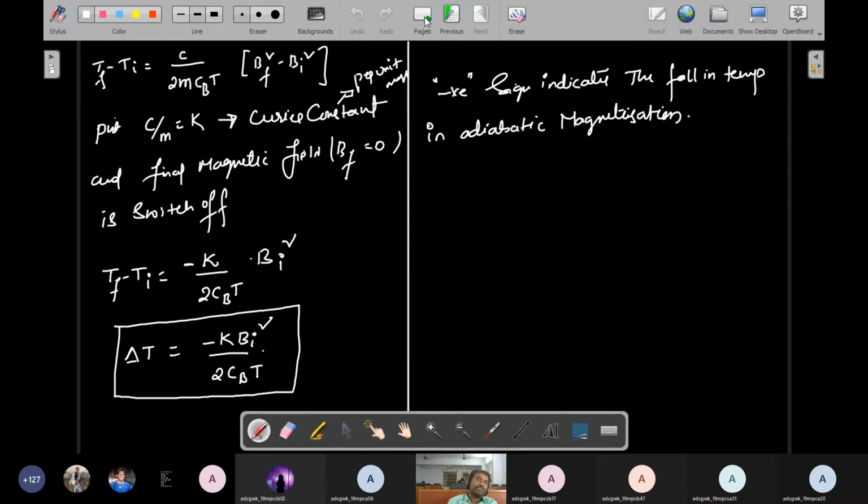I'll move to the next page. Effects of chlorofluorocarbons. Okay.